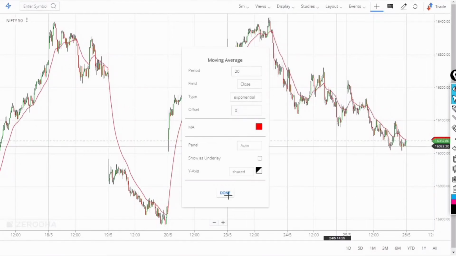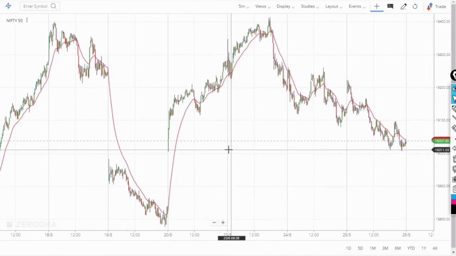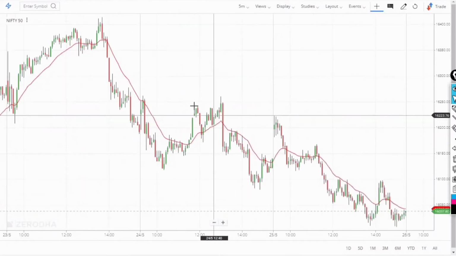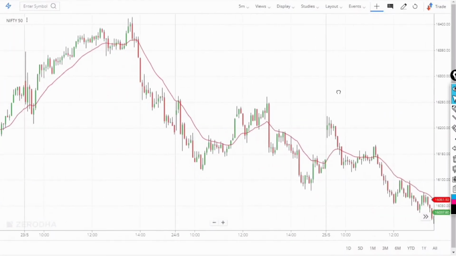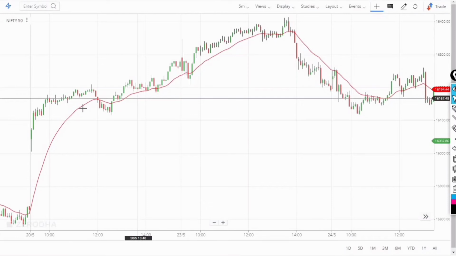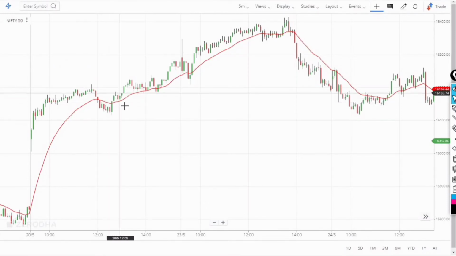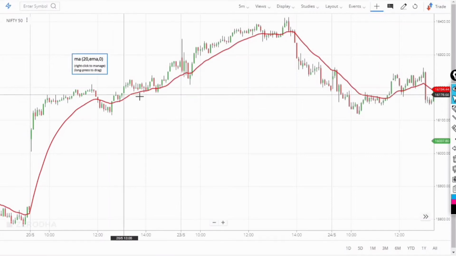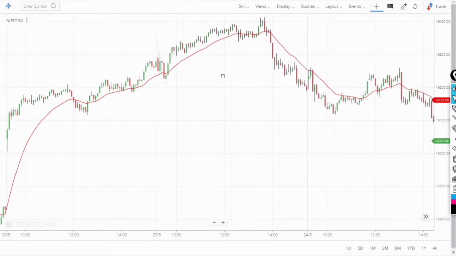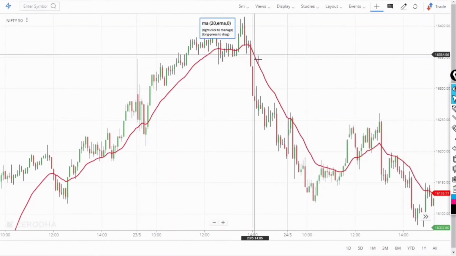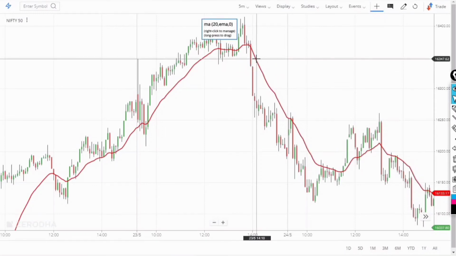So here also that line of moving average acts as support and resistance. When price is above the moving average, then the moving average acts as support, and when price is below the moving average line, then the moving average acts as resistance.